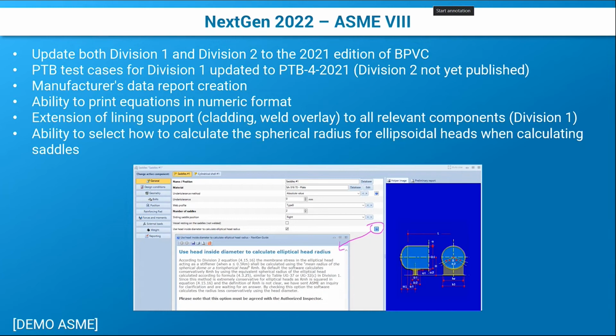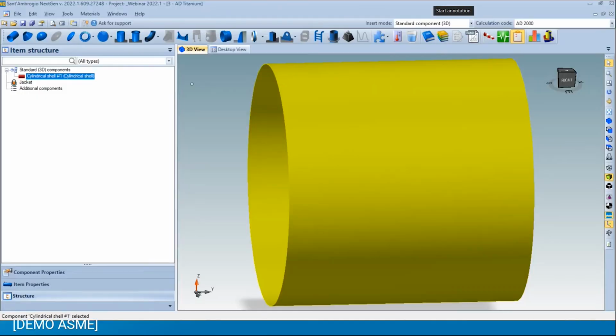Then we added a switch to use the inside diameter of the elliptical head as its radius. So in this case, it's an option that you have to make your calculation more stable and a little bit less conservative. Let's see it in action in NextGen.